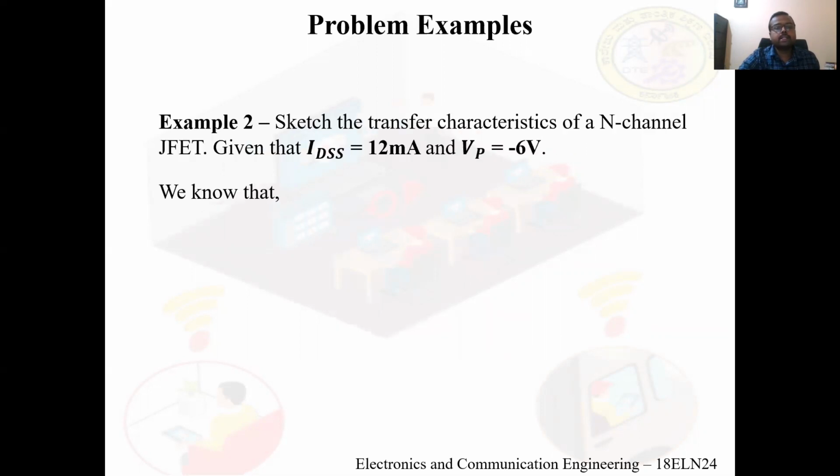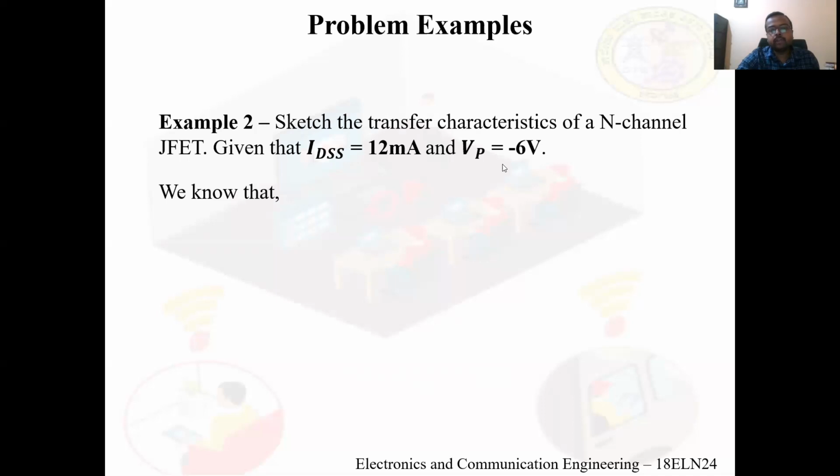Now we'll look at example 2. Sketch the transfer characteristics of an N-channel JFET given that IDSS is equal to 12 milliamperes and VP is equal to minus 6 volt. In this example, you need to draw the transfer characteristics. When I say transfer characteristics, it is the output drain current versus the input control voltage, which is nothing but VGS.